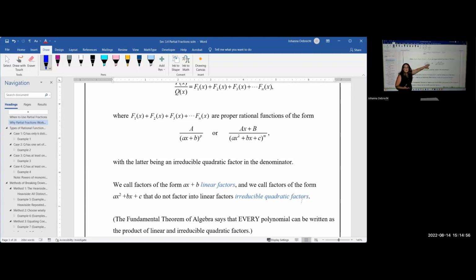It could be raised to a repeated power. In other words, it could be there more than one time. The other possibility from the fundamental theorem of algebra is that we have an irreducible quadratic factor, which you see here on the right side. So we have something like ax squared plus bx plus c, and it doesn't factor anymore, all right? So whatever it represents, it doesn't factor anymore, and it may be there more than one time.